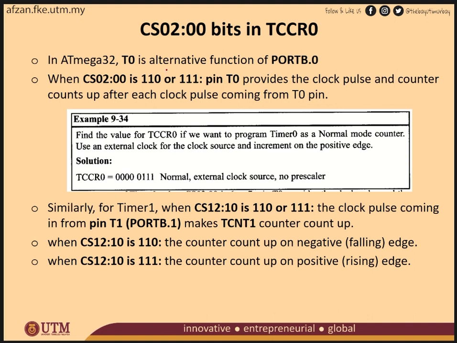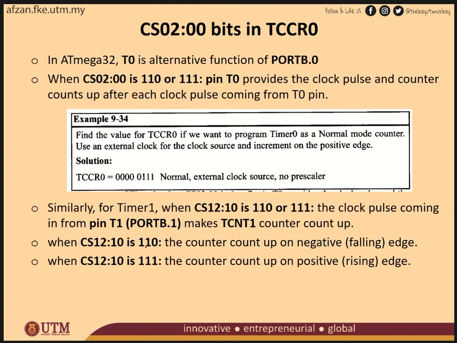So in the ATmega32, T0 is the alternate function of port B0. When you put 110 or 111, pin T0 provides the clock pulse, and the counter counts up after each clock pulse coming from the T0 pin. You have two selections here.